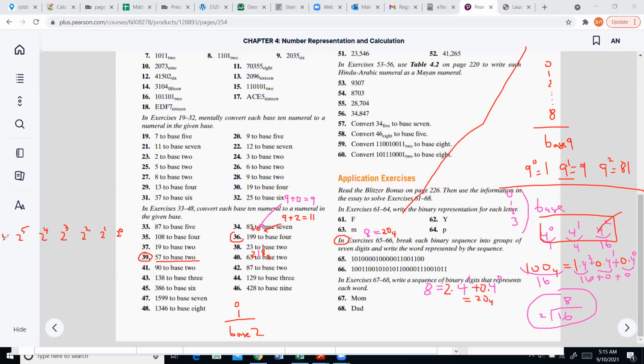Notice that 2 to the power of 6 is 32 twice, which is 64. That would be too much, right? That's already too much for the number I have here, which is 57. I should not exceed it. But what I care about is 32 and lower powers, such as 16, 8, right, etc.